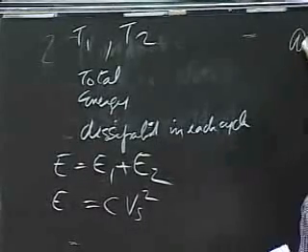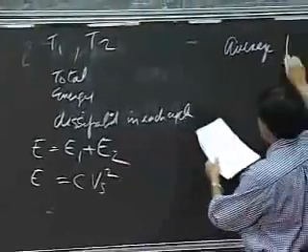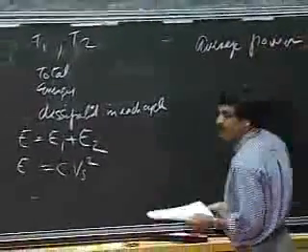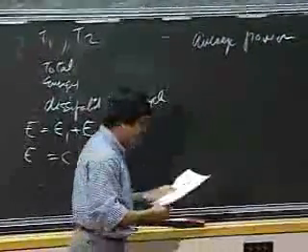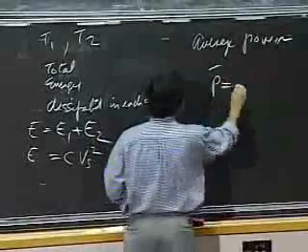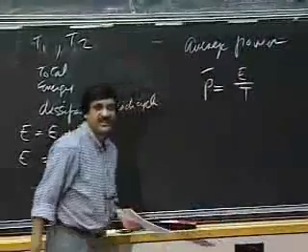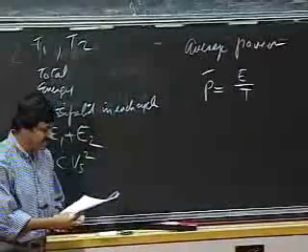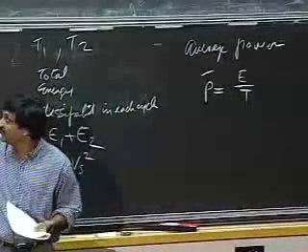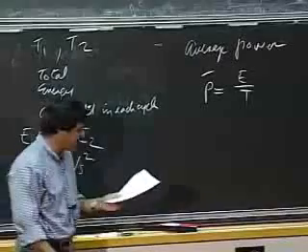Let's compute the average power. The average power dissipated, P average, in a cycle is simply E divided by T, where T is the period of the square wave sequence that I've shown you.